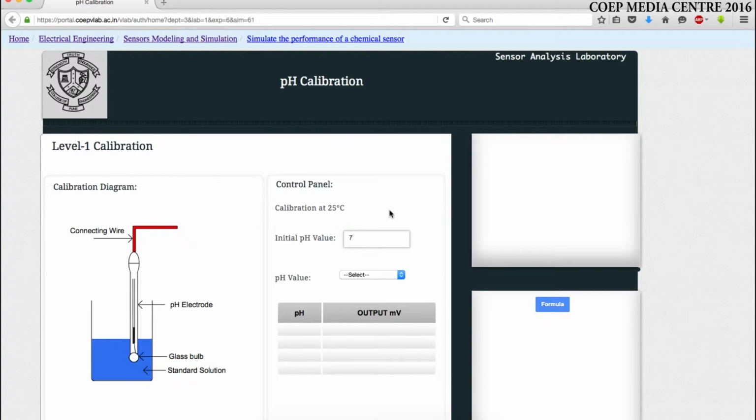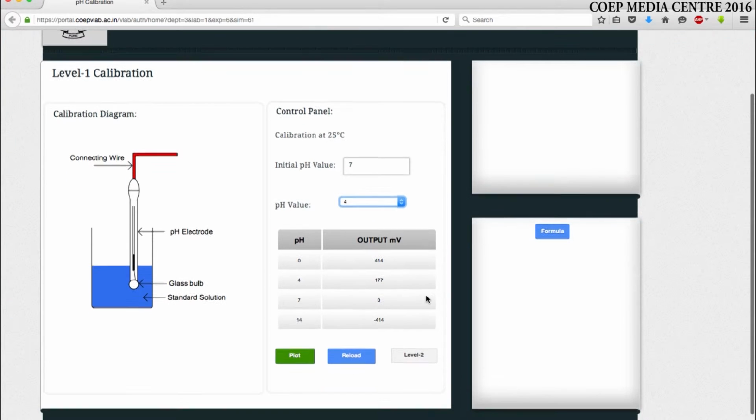For the pH electrode, there is a 2-point calibration wherein the pH values are 4 and 9.2. Standard solutions are given. So if you immerse the pH electrode into pH 4, you will get this output: 177 millivolt. And if you immerse the pH electrode into 9.2, minus 130 millivolt would be generated.